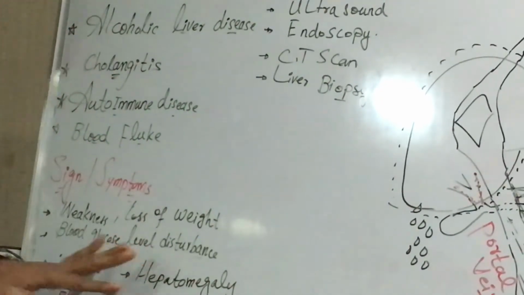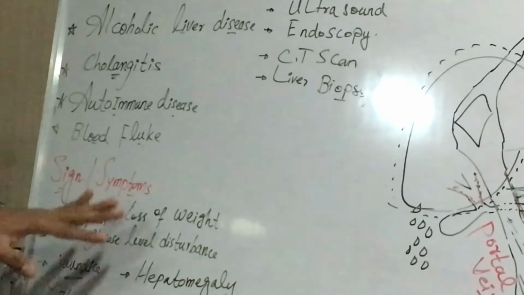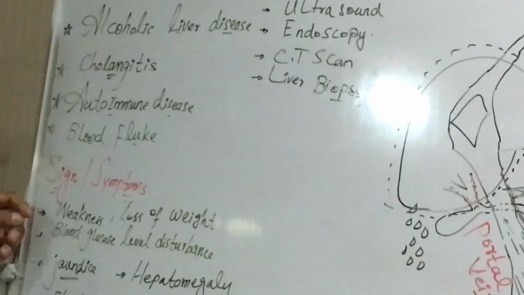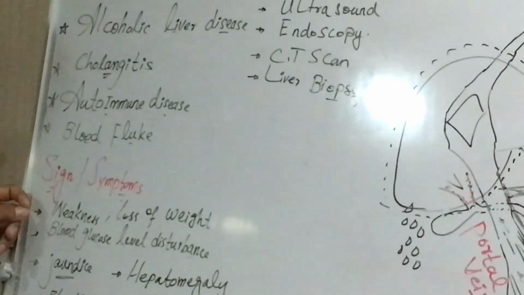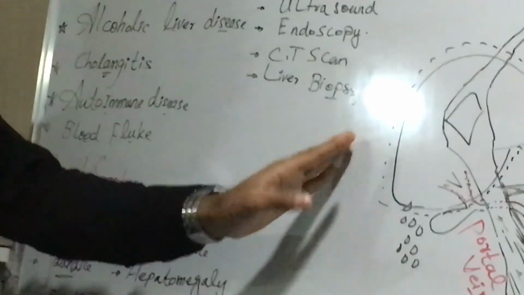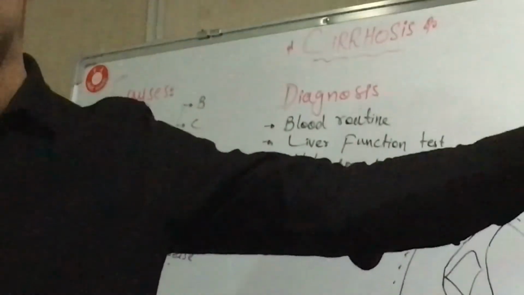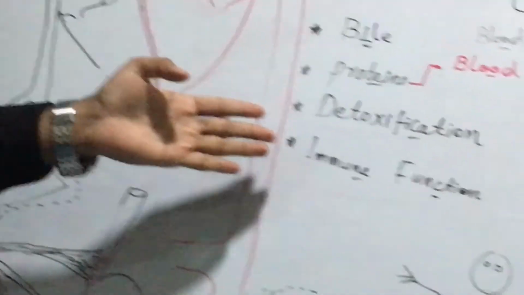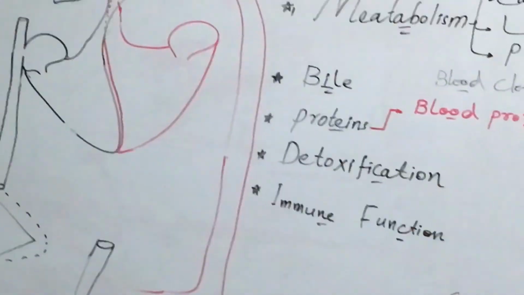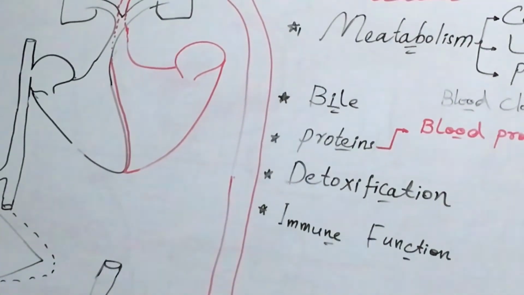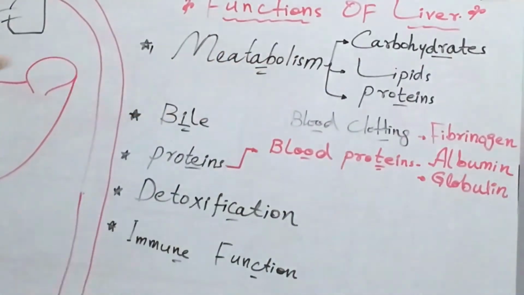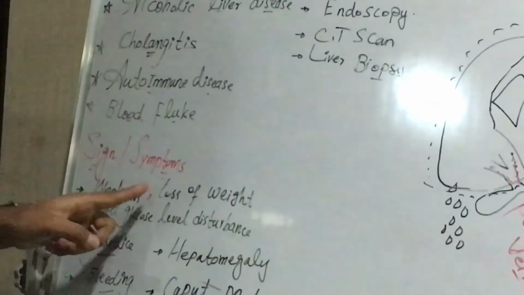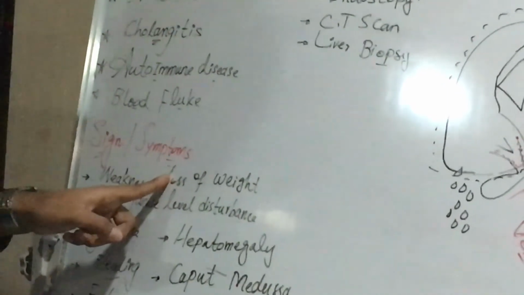After that we have studied the different signs and symptoms. First of all, if the liver develops cirrhosis, then it will lose all its normal function. If the liver cannot metabolize lipids and proteins, then the patient will feel weakness and loss of weight.